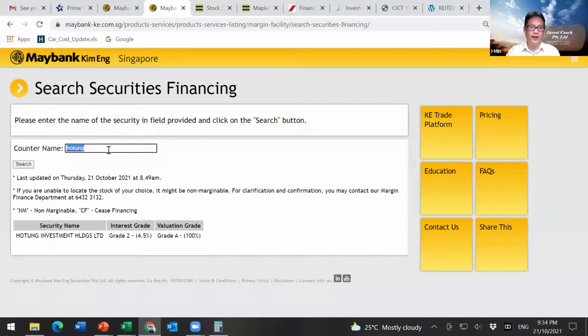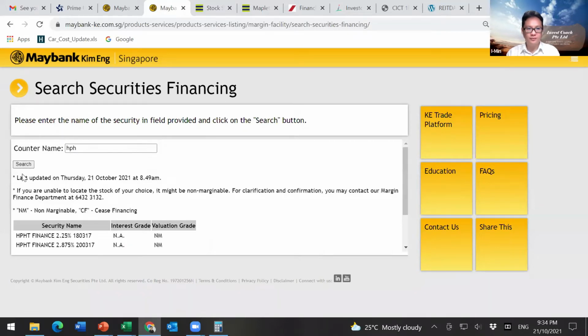So take note of that. Let's say for example HPH. HPH I think is still okay. Hutchison Port Trust doesn't have it, so it's not marginable.